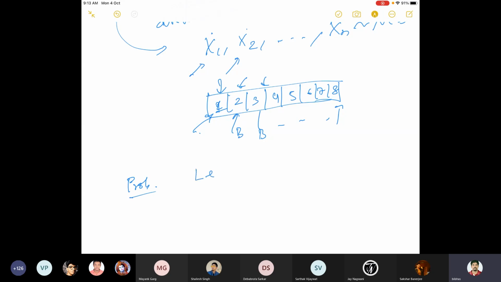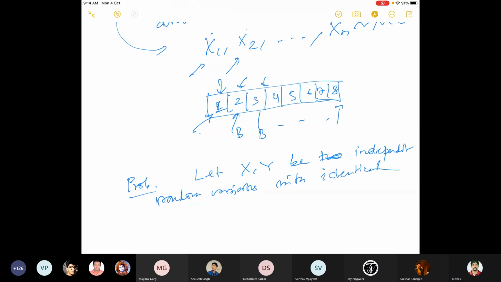Suppose X and Y are independent random variables with identical distributions, so they are IID basically.